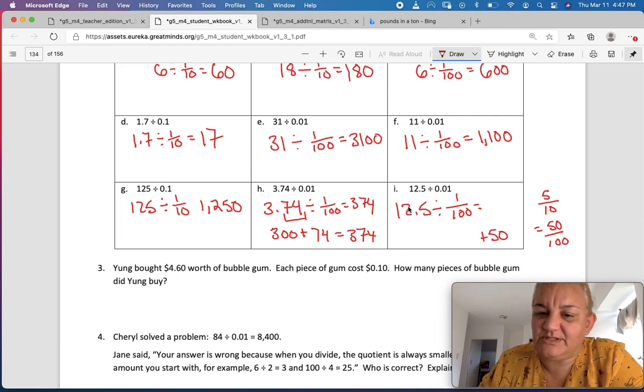And it would go into 2 wholes 200 times. And it would go into 10 ones or 1,000 times. Right? So our answer is 1,250.